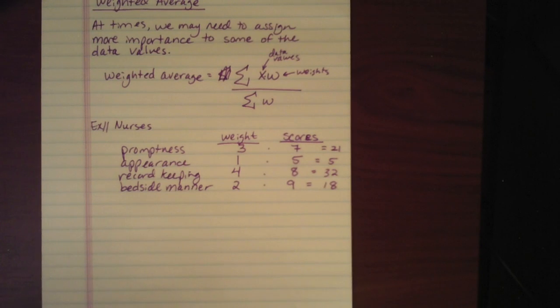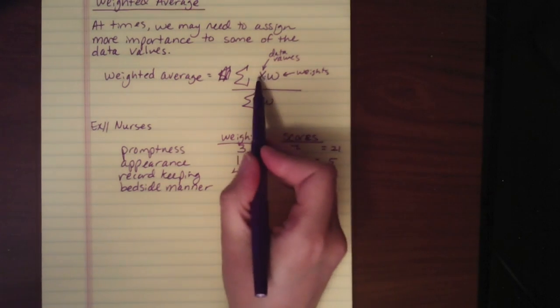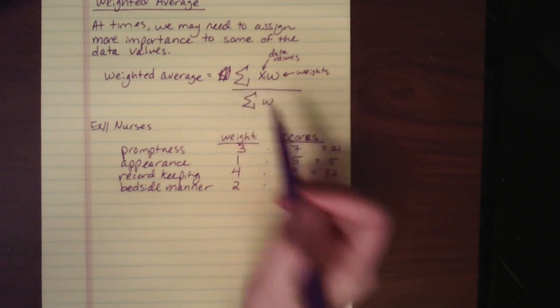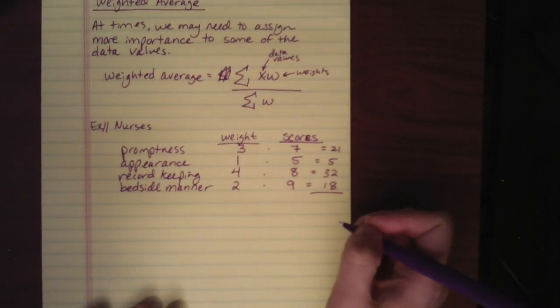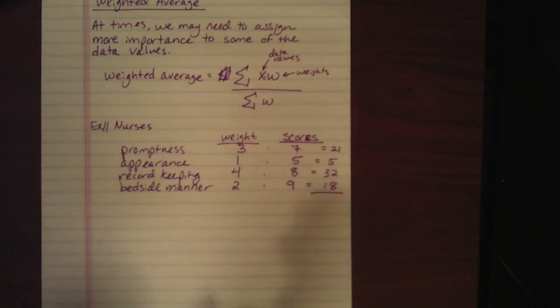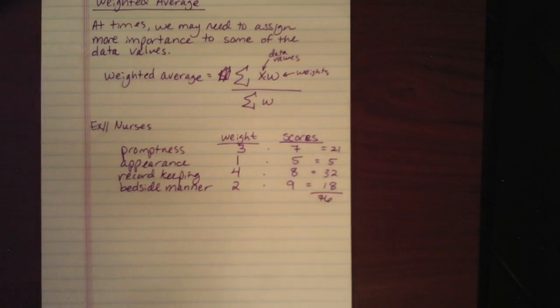So there's what we've got for the products of the data values and the weights. Then the formula says to add up all of those products. So I will add them, 21 and 5 and 32 and 18 gives me a total of 76.